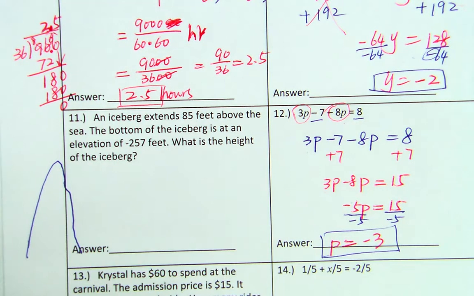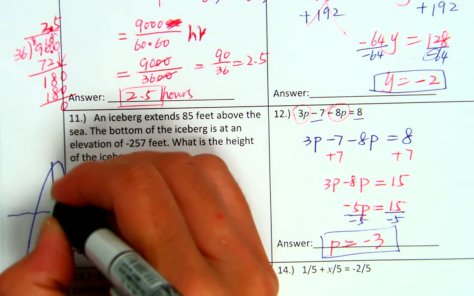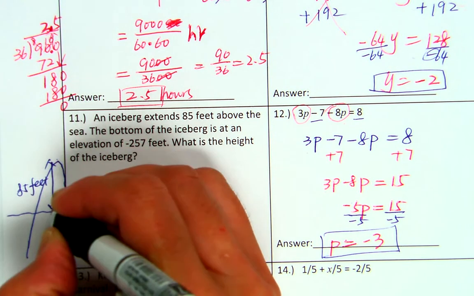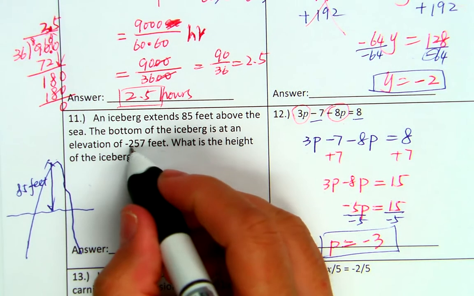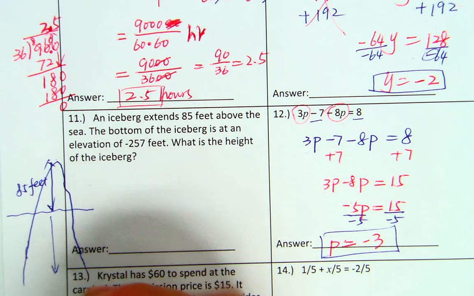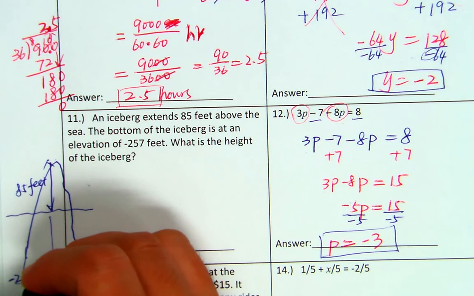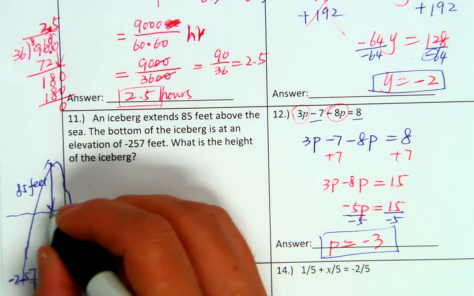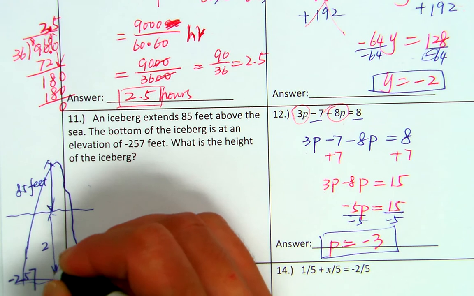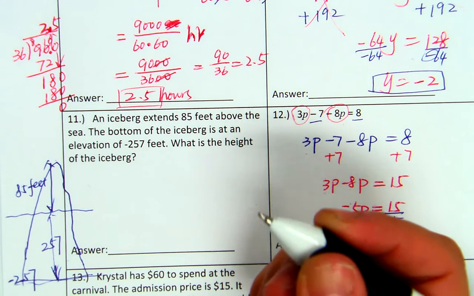This is the iceberg, and this is the water level, and basically it's saying this is 85 feet from the top to the sea level, and the negative 257 is bigger than that, so let's draw it deeper, and this is the bottom of the sea, and here's a negative 257 elevation. That actually means from the sea level to the bottom of the sea is 257 feet.